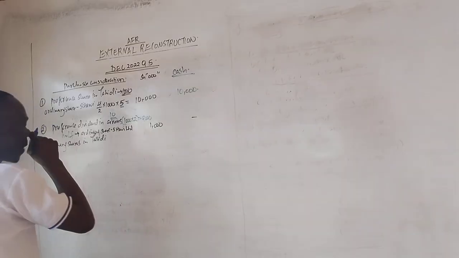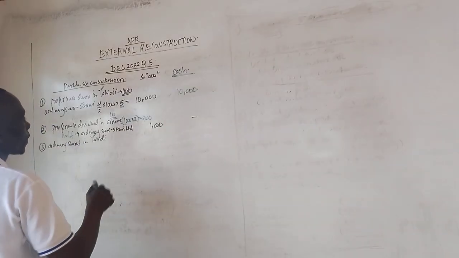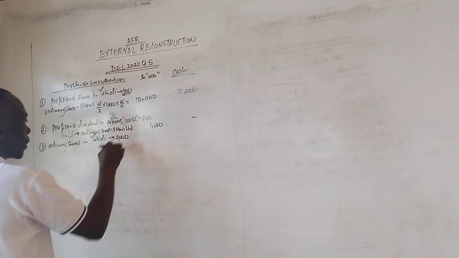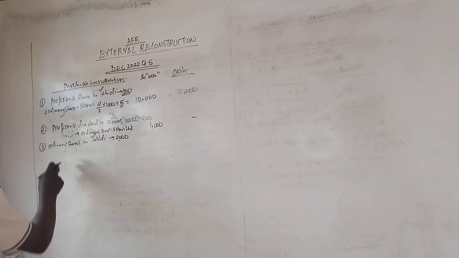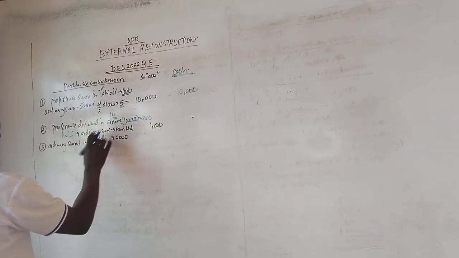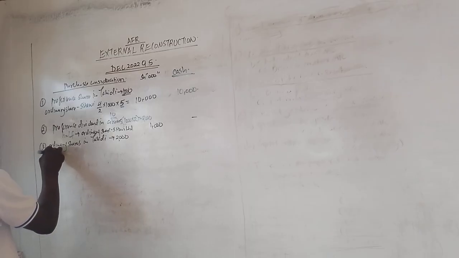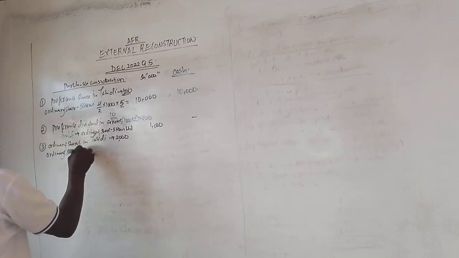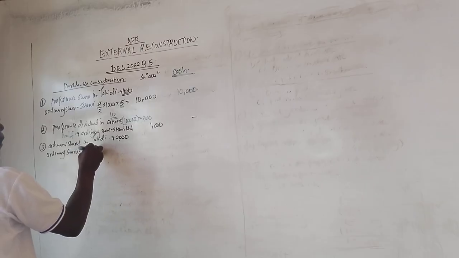So you divide by the par value, and you get 2,000 ordinary shares. Then these ordinary shareholders in Tahidi Limited were given ordinary shares in Stawi Limited.